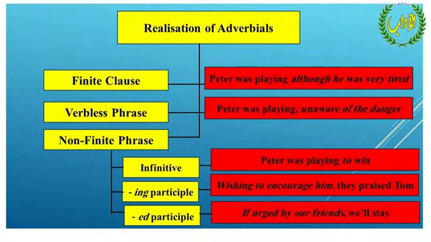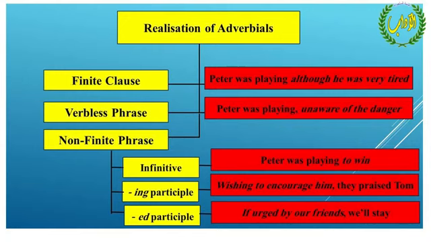Finite clause as in Peter was playing although he was very tired. Although he was very tired is a finite clause. Verb plus phrase as in Peter was playing and aware of the danger. Non-finite phrases can be categorized into three subcategories: infinitive, ing participle, ed participle.